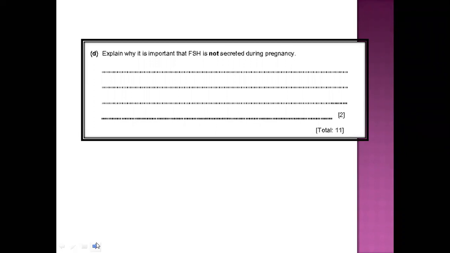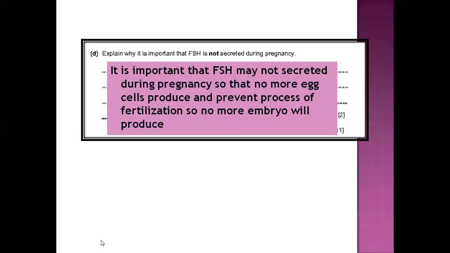It stimulates the follicle cell to mature an egg cell. So if it is released in pregnancy, when there is already one embryo, we don't want another embryo to develop, right? So for that reason, FSH should not be secreted during pregnancy, right? All right.